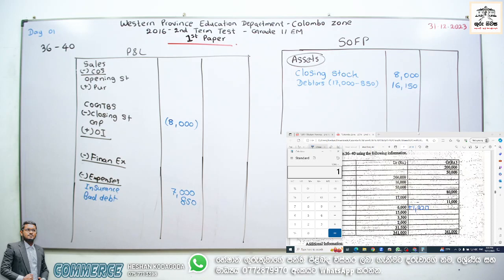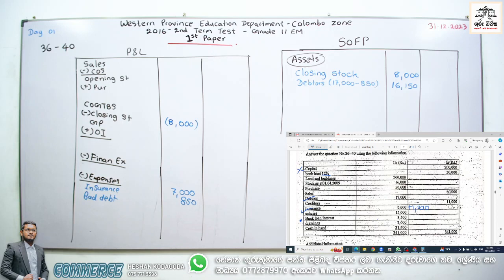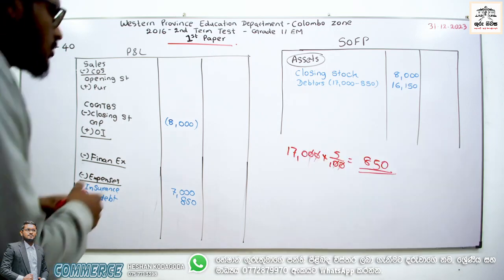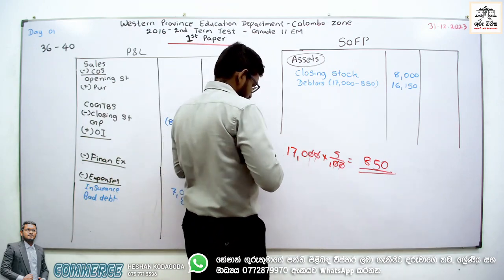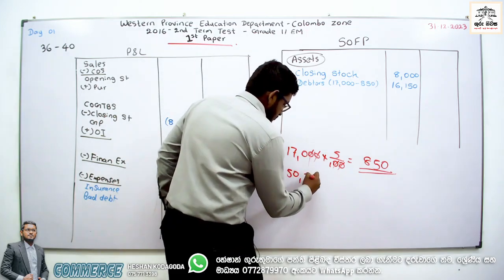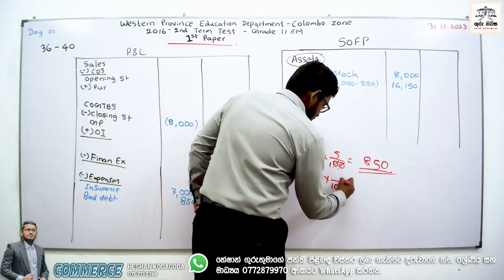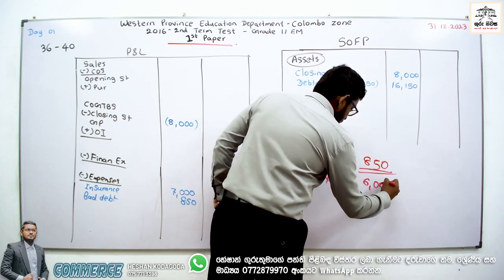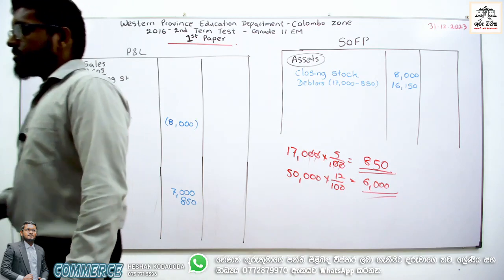12% and divide 100. So it's rupees 6,000. 50,000 multiply 12 divide 100, rupees 6,000. So even you can write in a working bank loan interest 50,000, which means 6,000. But we paid only 3,500.